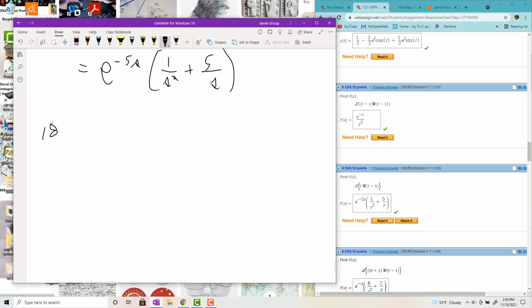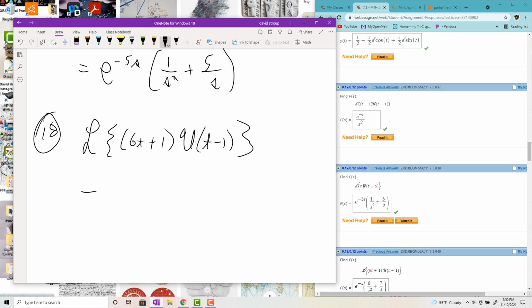Here we have 18. You may want to pause the video and see if you can get it and then unpause it. Immediately I'm going to pull out the e to the negative s and then do the Laplace on this thing, and I'm going to replace the t with t plus 1. So if this thing is t minus a, you replace the t in f of t with t plus a.